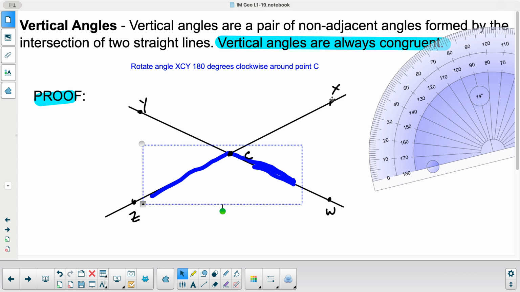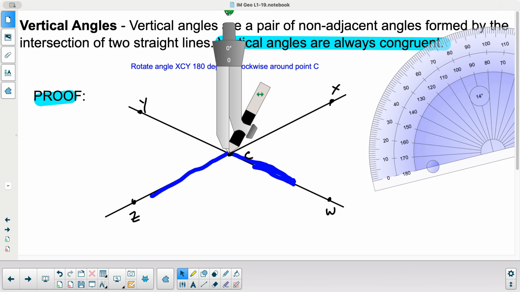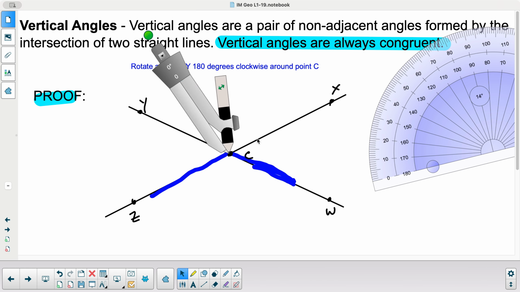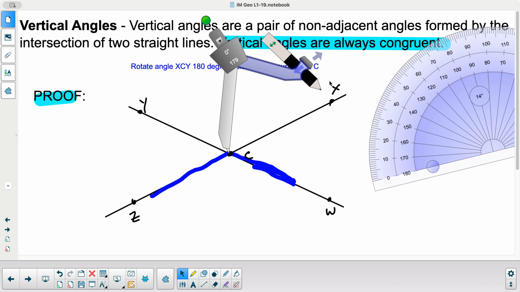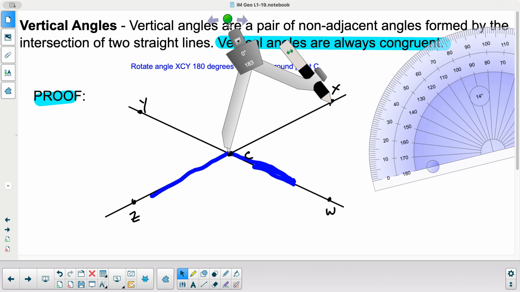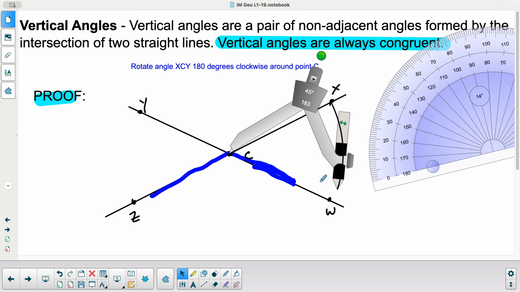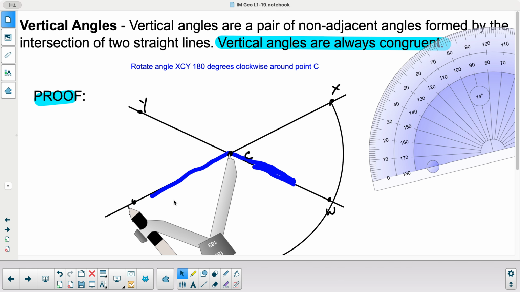So there it is. So this X is going to swing out down here somewhere on the line, and this Y is going to swing over here somewhere on this line. Not necessarily where the W is or where the Z is. It would be equidistant. So this X swings 180, pretty close to where the Z was, but there it is.